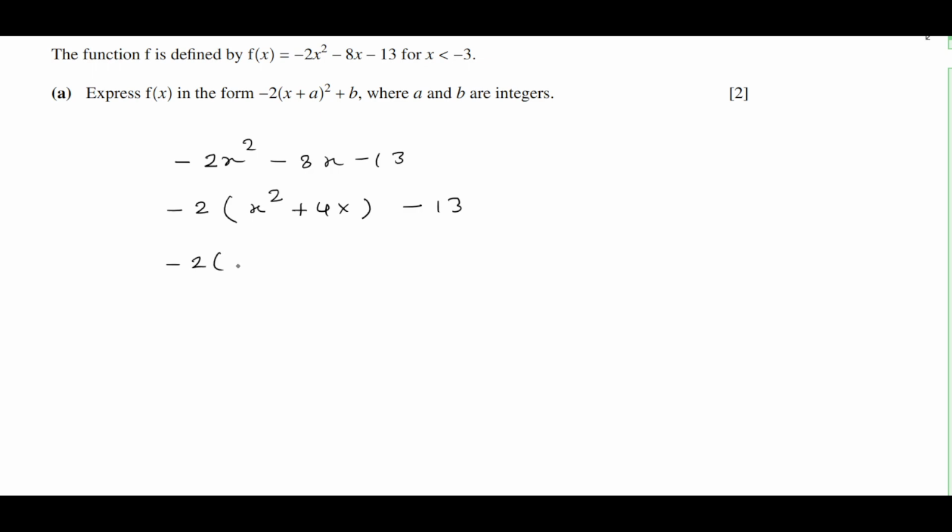Then -2(x² + 4x). Then I will add the square of half of the coefficient of x, which is 4, and I will subtract 4. This -13 I will write here.